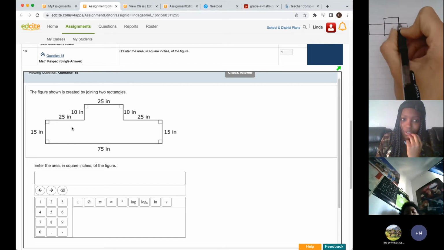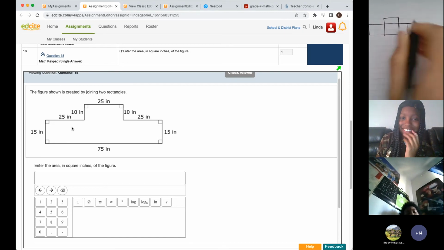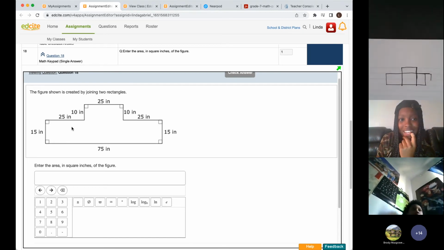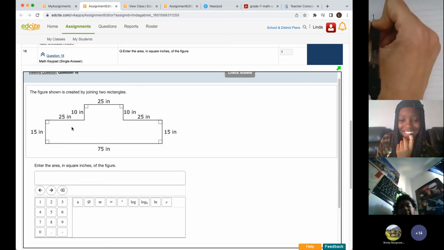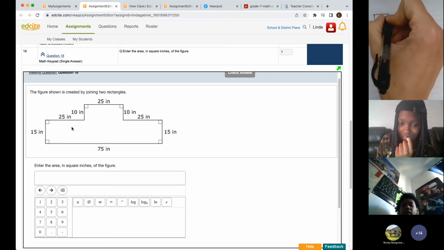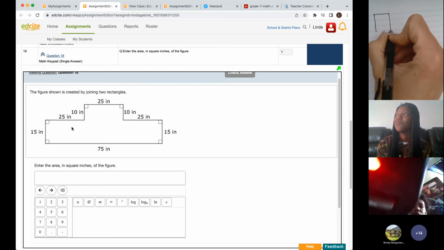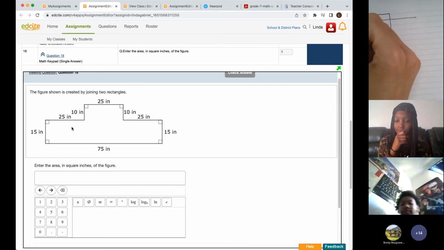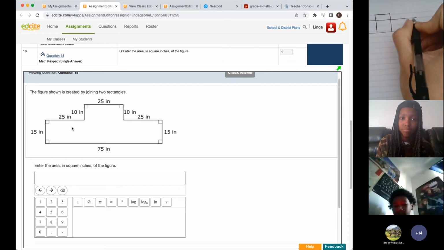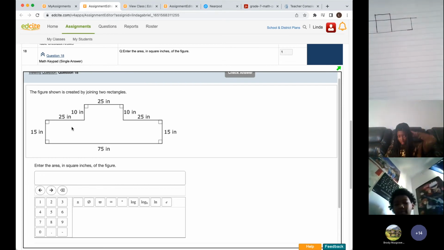We're going to pretend like that matches the drawing a little bit better than it does. Switch to the paper. Okay, here's my two rectangles.